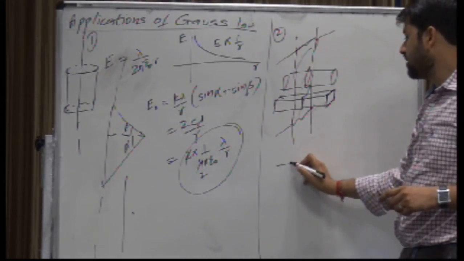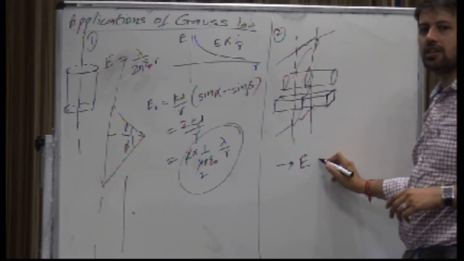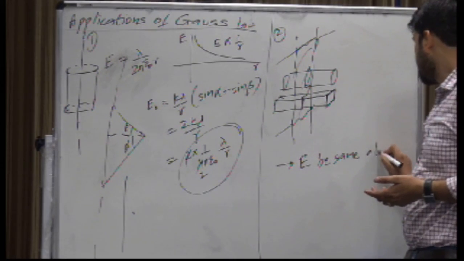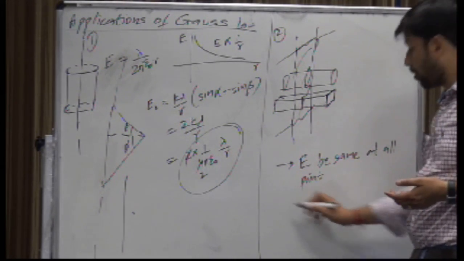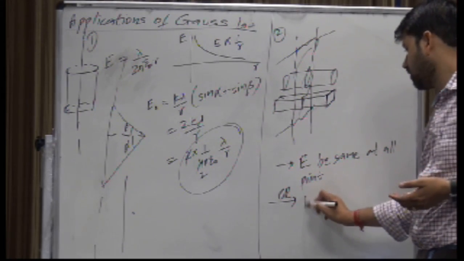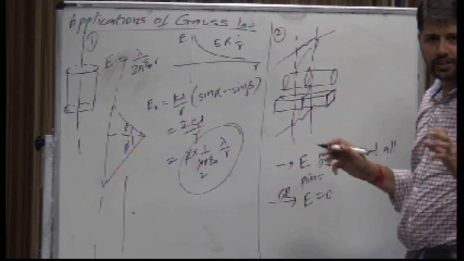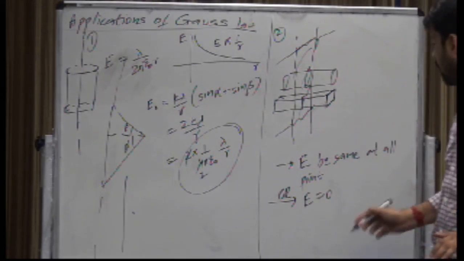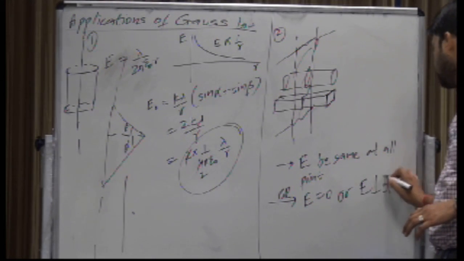Symmetry simply means that the magnitude of E should be the same at all points, or it should be 0 at some points where it would be different, or E should be perpendicular to the dA vector.